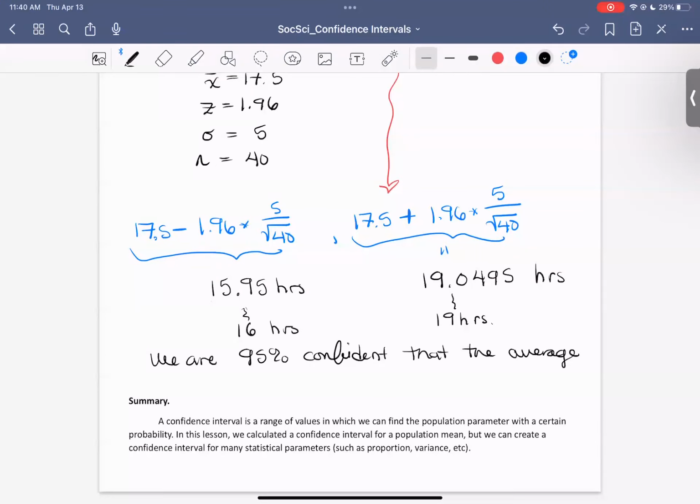So we are 95% confident that the average number of hours worked by students at our school is between 16 and 19 hours.